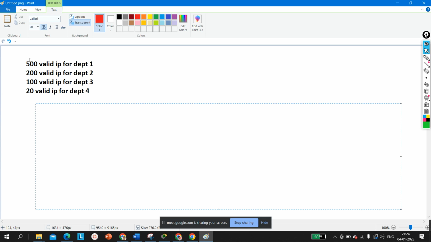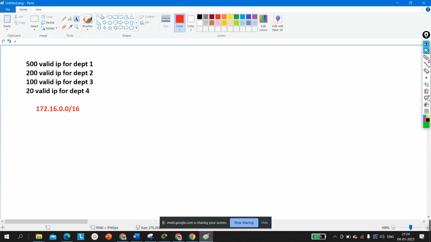Is it possible from class B? Yes, class B will have 65,000 IPs. So suppose the network is 172.16.0.0/16. This one is the main network.